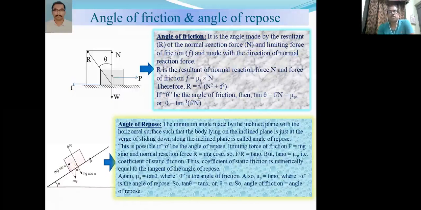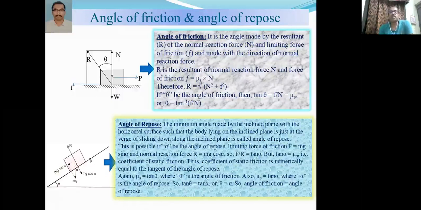This is possible if alpha is the angle of repose, limiting force of friction F equal to mg sin alpha and normal reaction force R equal to mg cos alpha. So F by R equals tan alpha, but tan alpha equals mu s, that is, the coefficient of static friction. Thus, the coefficient of static friction is numerically equal to the tangent of the angle of repose.